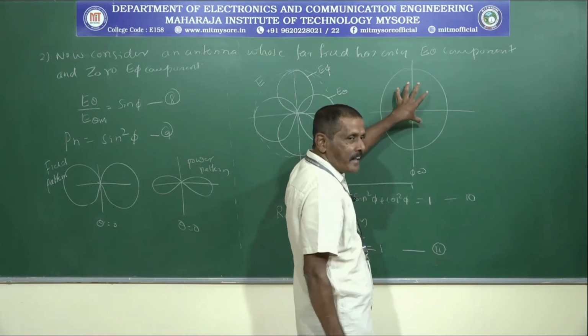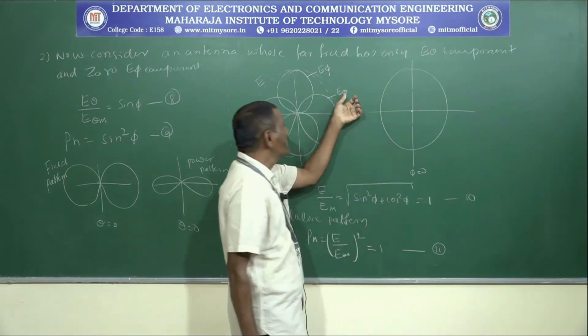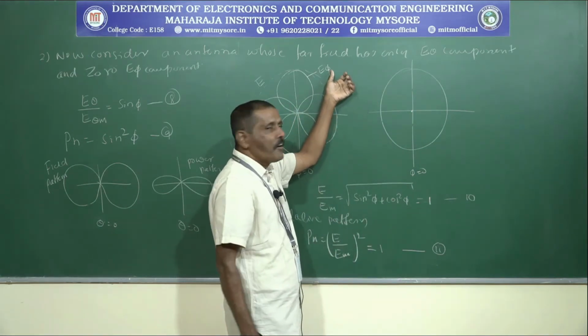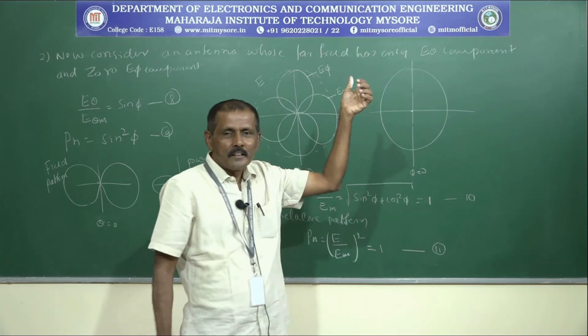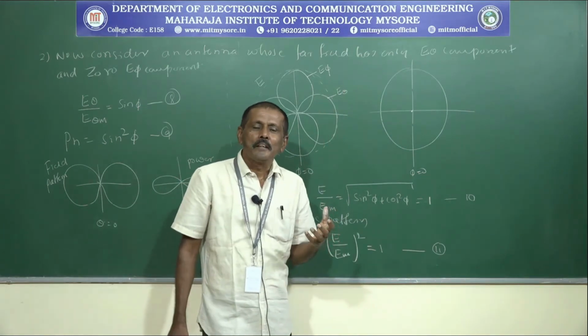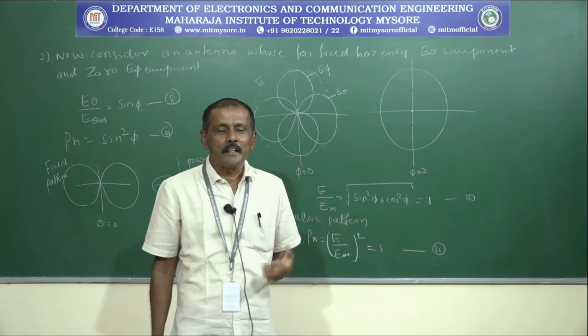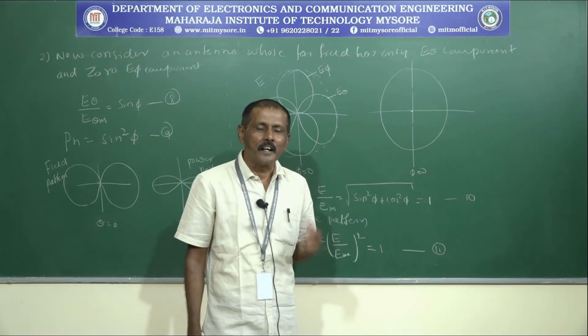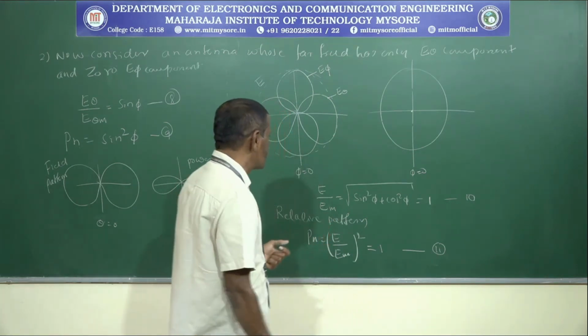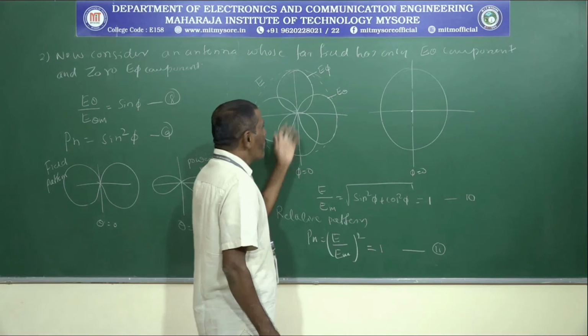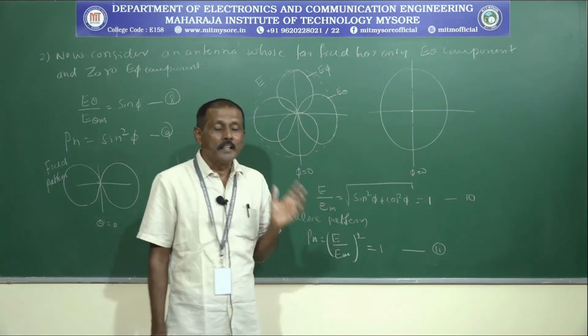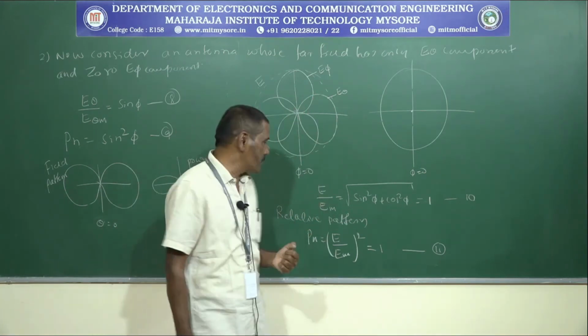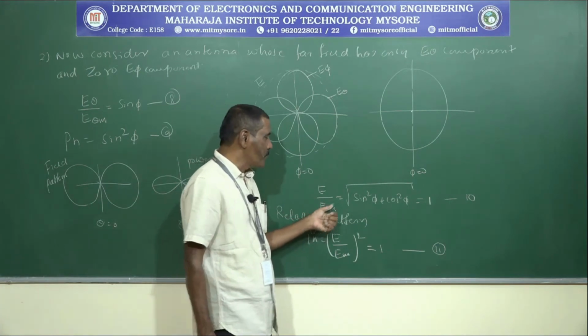So this radiated field contains both theta component and the phi component. That means the radiation will be present both in the horizontal directions and in the vertical directions.